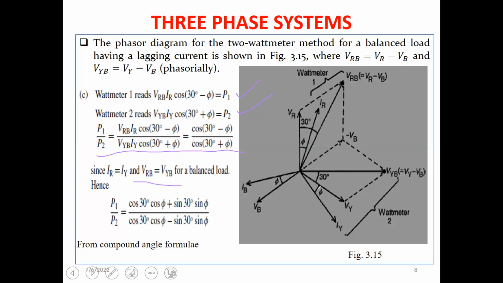VRB and VYB are the same, IR and IY are equal. So we get this equation. From the compound angle formula that we learned in mathematics, we have this equation.